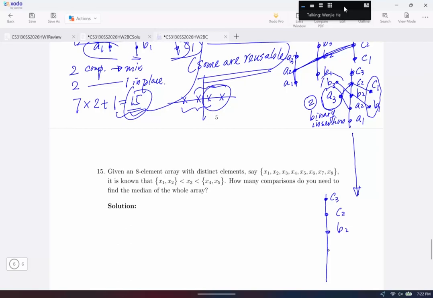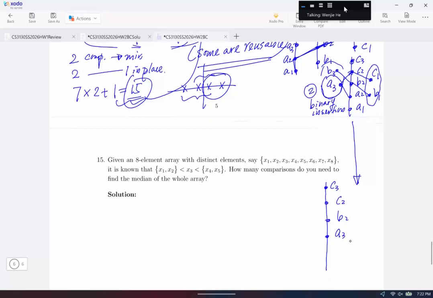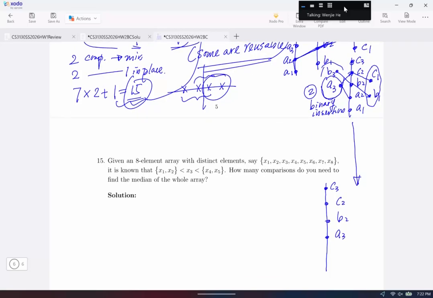We want to put A3 here, because when we put A3 here, we may have the worst case. We target the worst case. Why? A3 here, we have more chance for the worst case. So you will see it.